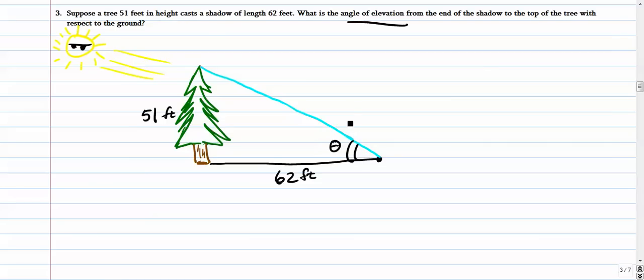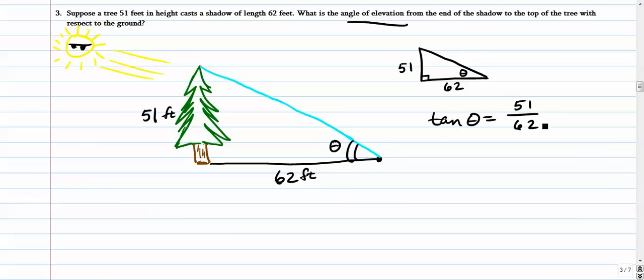So we're looking at a right triangle situation. We drew our picture. It's a good idea to turn that into a really easy to see right triangle, and we're asked to find theta. So we have an angle, opposite, adjacent. We're going to use the tangent of theta is 51 over 62.